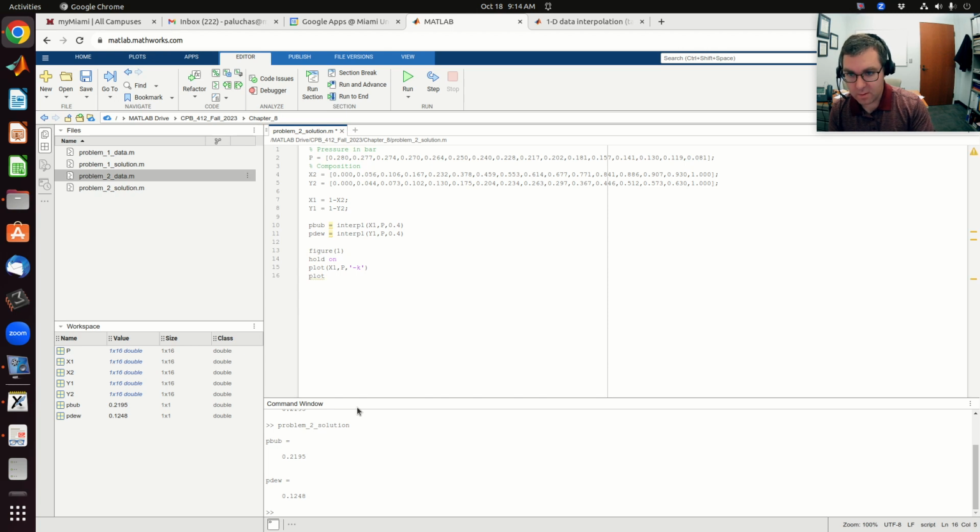And then I'm going to plot y1 versus p, and that's going to be a red line. My x label, I'll call it x1 or y1. My y label is going to be p, and I believe it's in bars. And that should do it.